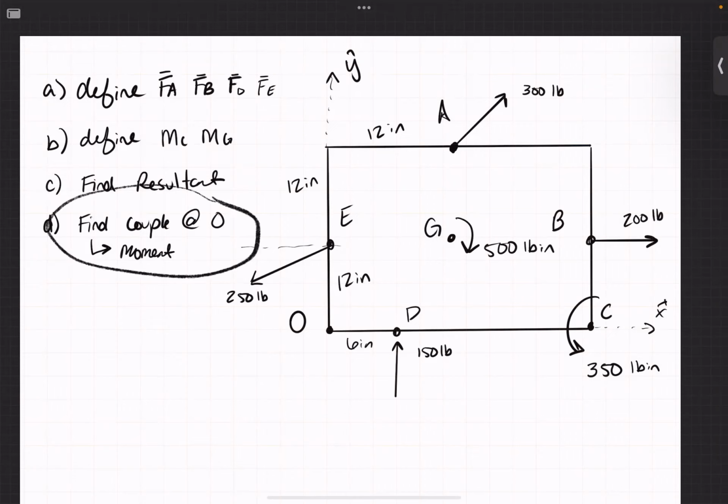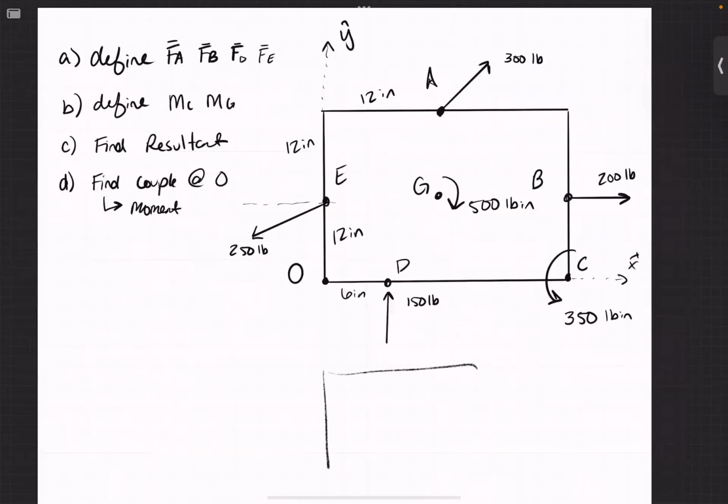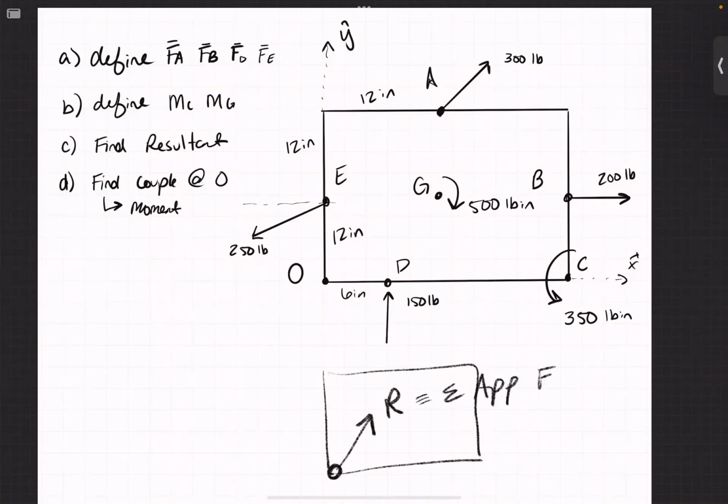What that essentially is, creating a force couple system, is where you create a new box where you have a resultant force, which is the sum of applied forces, and then a moment that represents all of the moments in the system about point O.